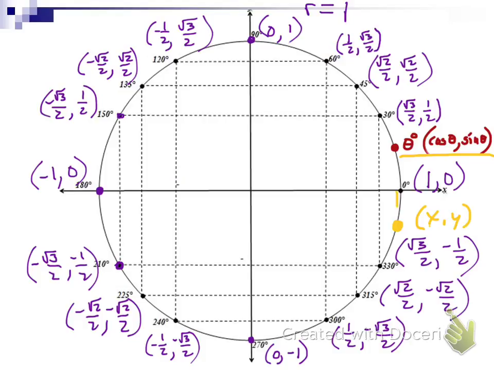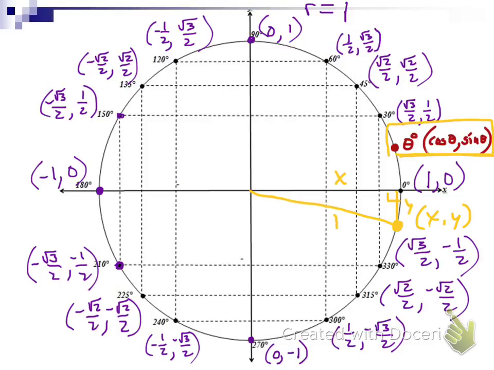If I draw a right triangle with this point, this is my x value, that's my y value, the hypotenuse is 1, right? What would the Pythagorean theorem give me on that triangle? x squared plus y squared equals 1 squared, which is 1. So for every point on the circle, that's true.